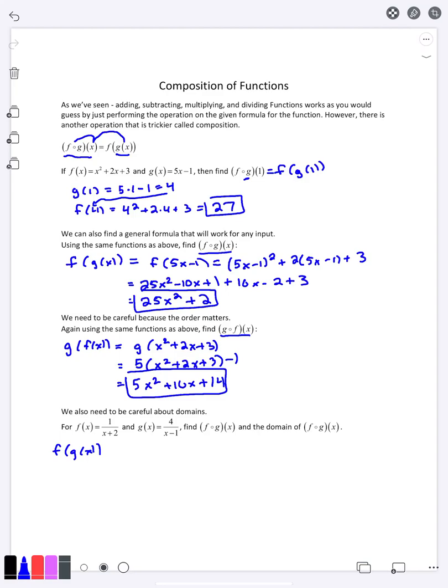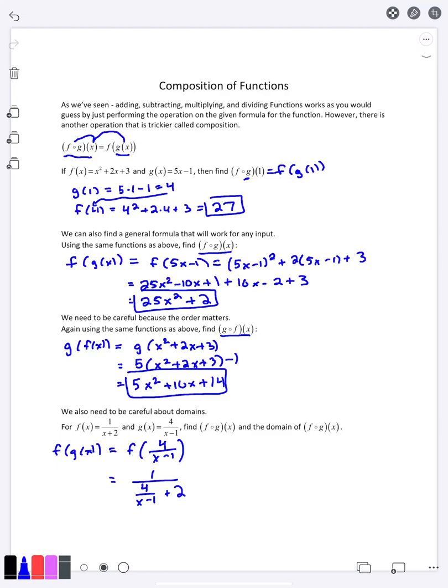We got, so g of x is 4 over x minus 1. And then we're going to go ahead and plug that in the f of x, which is 1 over this thing plus 2.